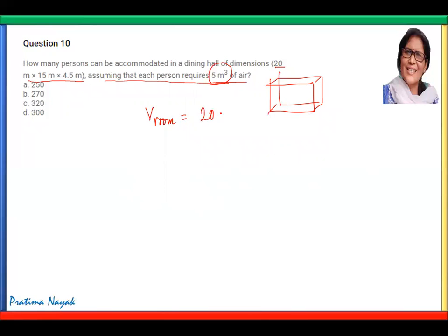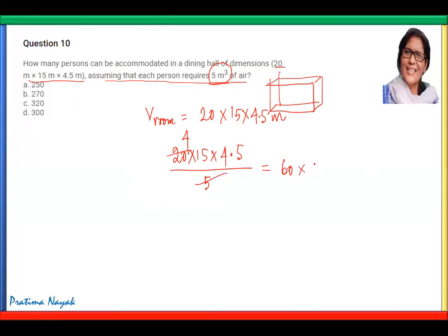20 meter into 15 meter into 4.5 meter. So we'll divide with 5. So it will be 20 into 15 into 4.5 divided by 5 meter cube. So 5 into 4 is 20, this will be 4. Now go on multiplying.